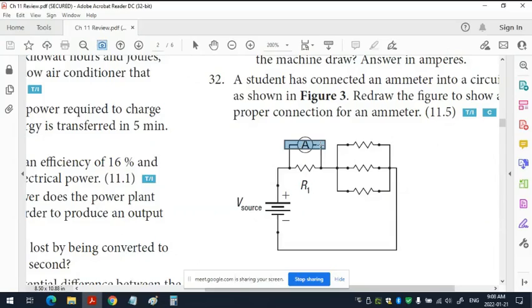A voltmeter, if it had a low resistance, it would steal most of the current. No, it wants to almost halt most of it and just have it go through the original path. Yes, always remember, ammeters have low resistance. Voltmeters have what?